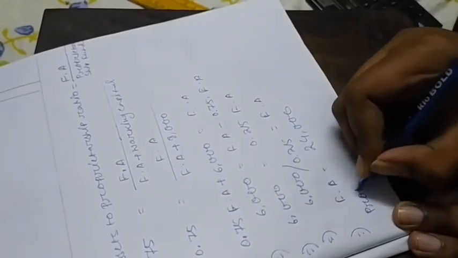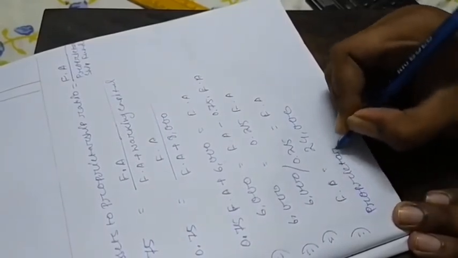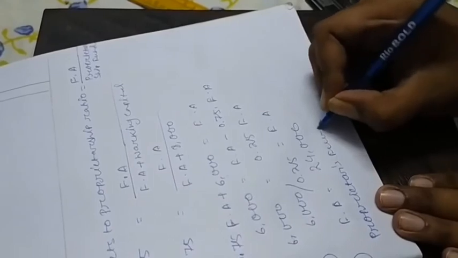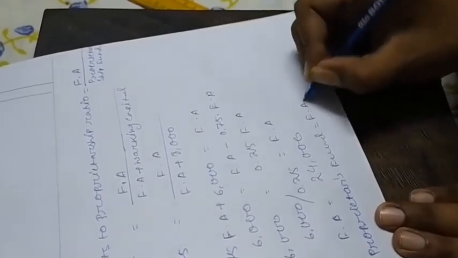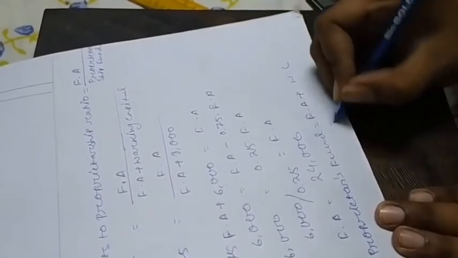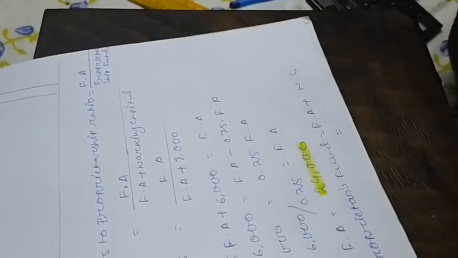And the proprietor's fund is fixed asset plus working capital. We already know the value of fixed asset is 24,000, and the value of working capital is 8,000. So 24,000 plus 8,000 is 32,000.